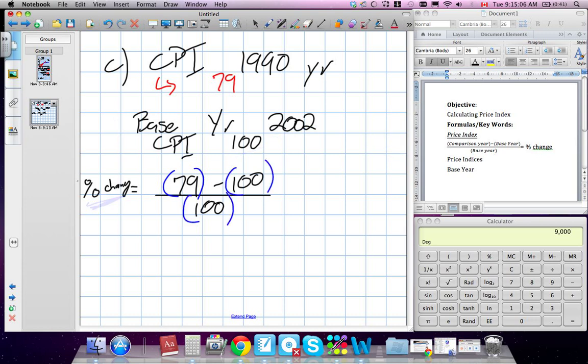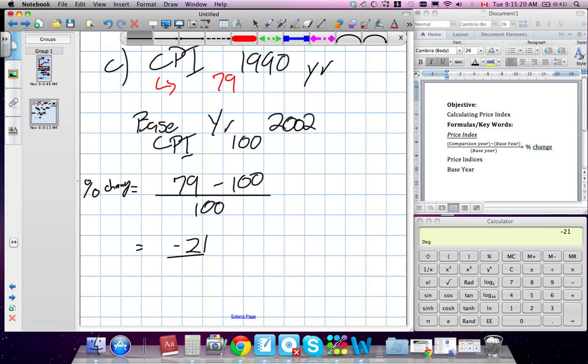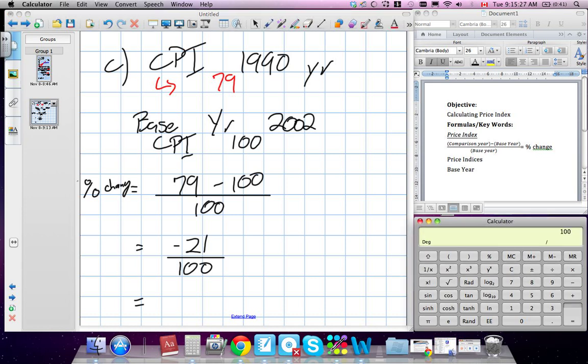So 79, subtract 100. Negative 21. Divided by 100. When we divide this by 100, negative 0.21. Now, this is as a decimal.